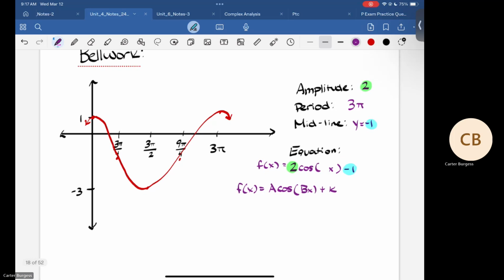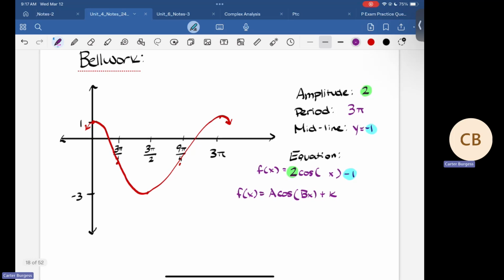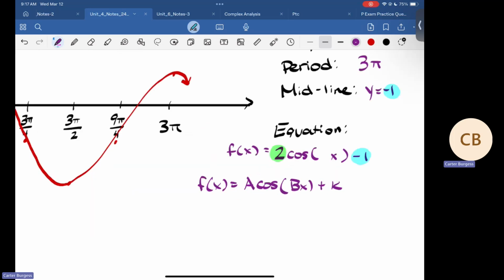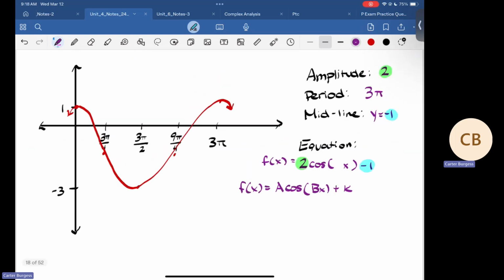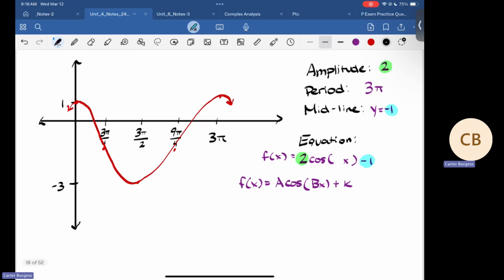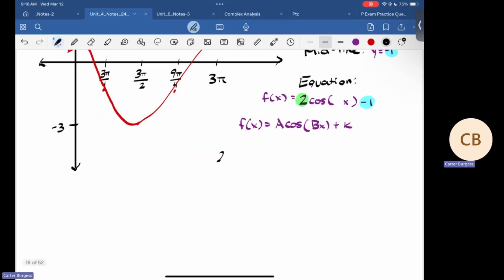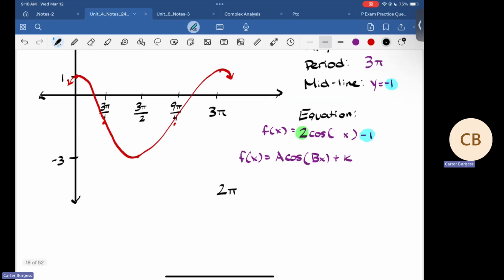Okay. So we are only missing this value of B. We are only missing our horizontal stretch factor here. What's our normal period? How long does it normally take me to go once around my circle? Normally it takes me 2 pi. But what did I do to that 2 pi to adjust for this value of B?